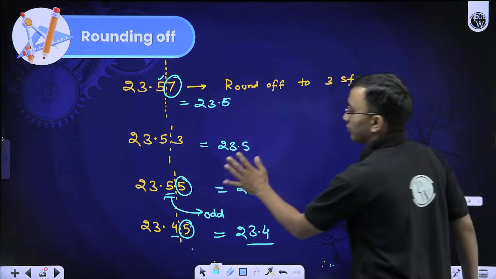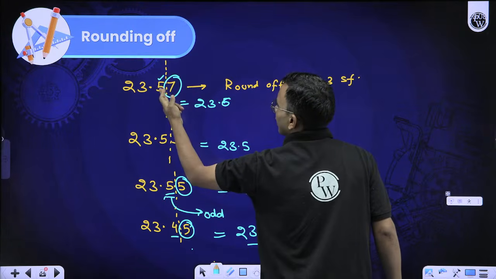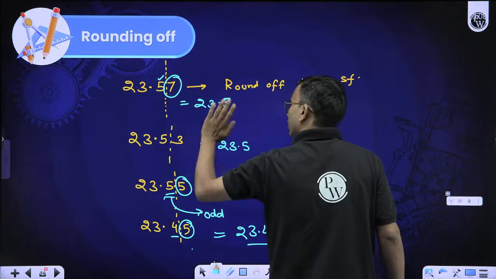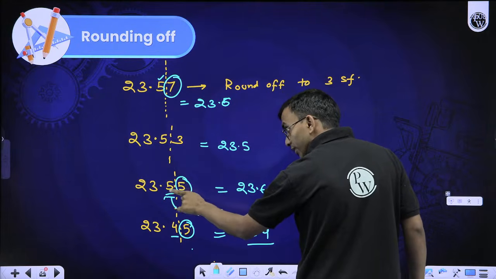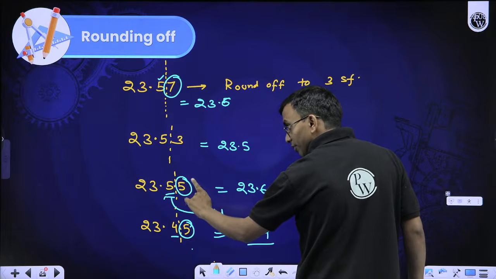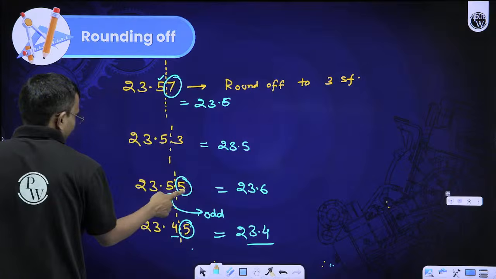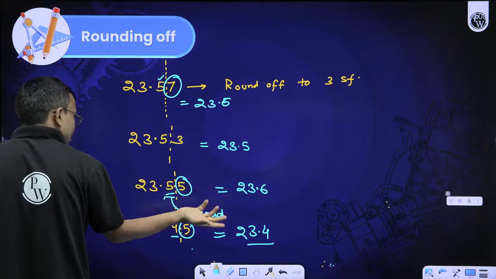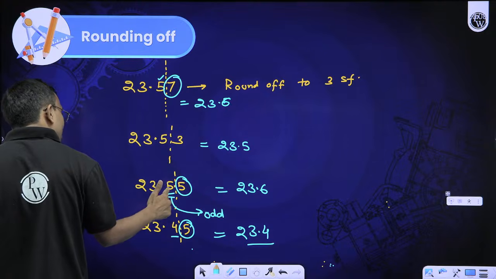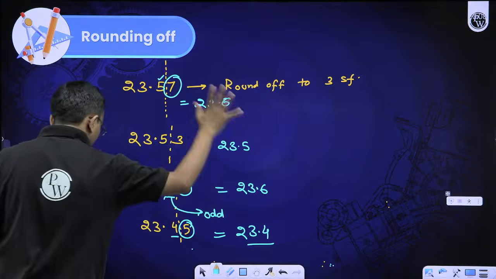The confusion is with 5. The other things are very clear: greater than 5, it will increase; less than 5, leave it as it is, drop it. Confusion is with 5. When this one is 5, whether to increase or not, you have to check whether the previous one is odd or even. If odd, increase by 1. If even, leave it as it is.